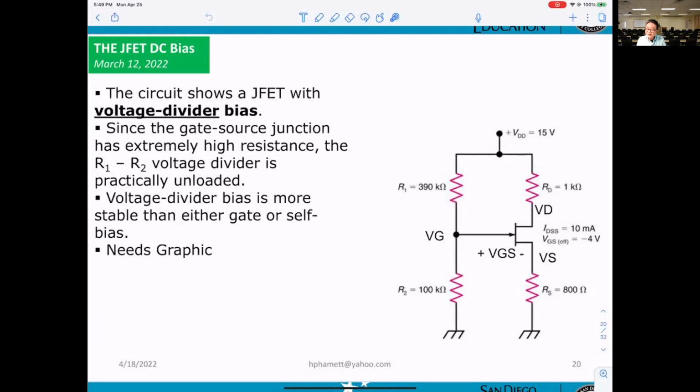That equation is very, very difficult to calculate for either self bias or voltage divider bias. They try to get away from using that equation. So that's why they give you the graph. That will be easier for solving the problem. So that's why they say you need the graph.